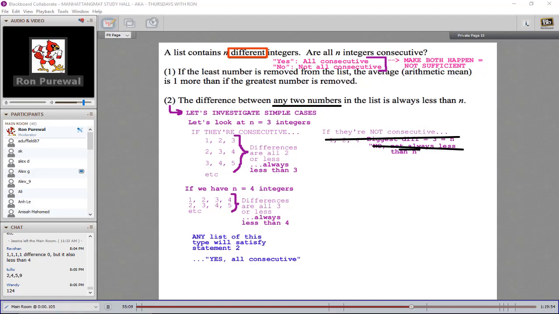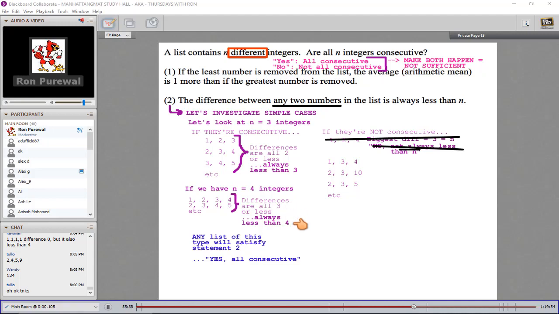If you try to make other lists that do that, you'll run into the same issue, right? If you have like 1, 3, 4, or someone wrote bigger differences, 2, 3, 10, 2, 3, 5, etc. You're going to find that if you have consecutive integers, your biggest difference is always 2 versus n is 3, or your biggest difference is always 3 versus n is 4.